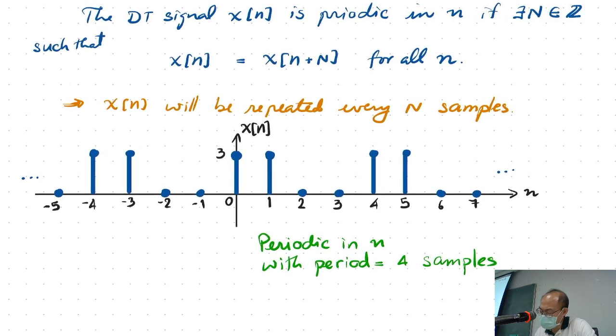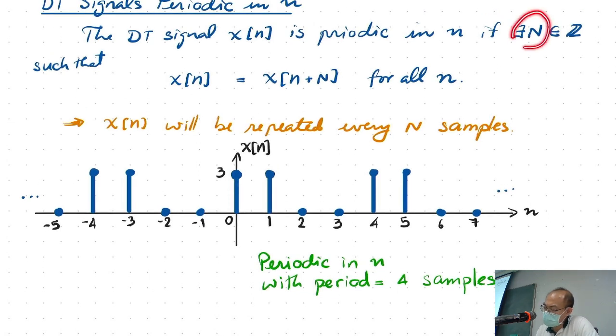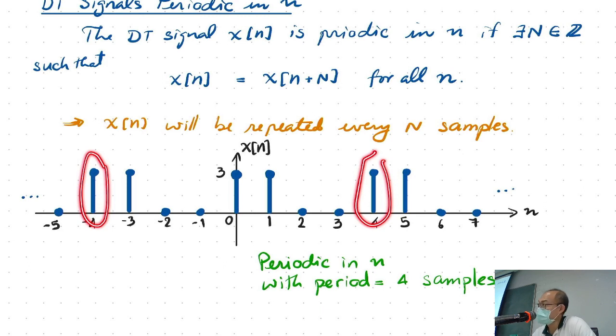So you may be asking, what is the period? The period is the smallest positive value of N for which this equation is true. That would be the period. If you look at this signal, you may say that it repeats itself every 8 samples, right? But 8 is not the smallest value.